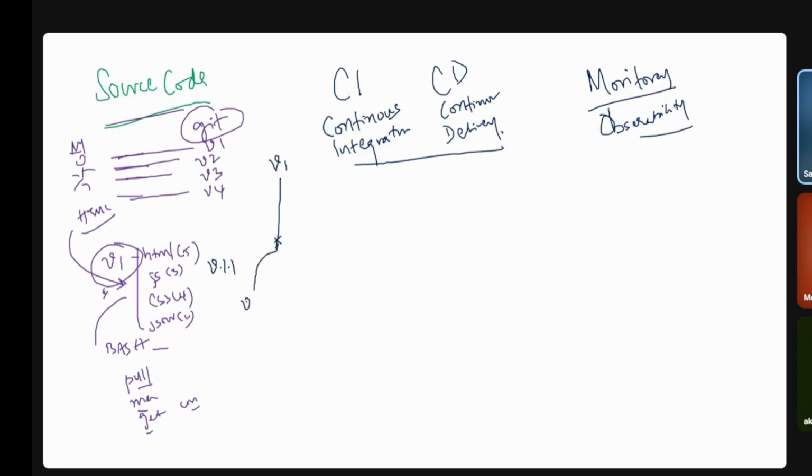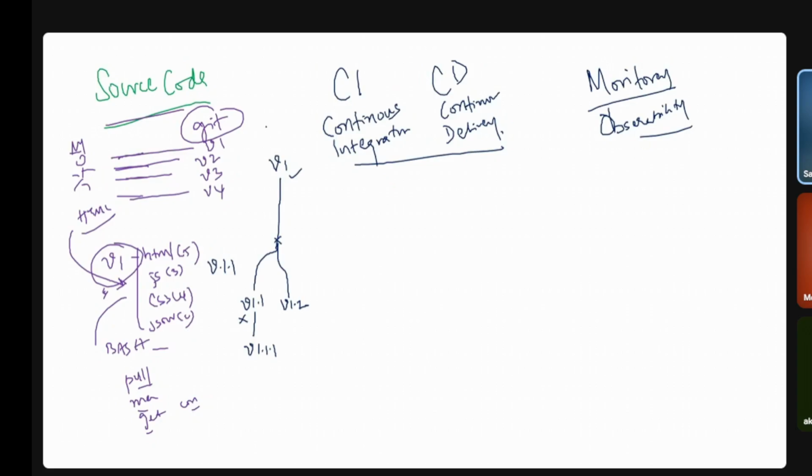That change will now be applied in V1.1. So if Sachin's code is still defective, V1 is still active. If Sachin's code is found to have more changes, they will create another V1.2, or they'll extend this and create V1.1.1.